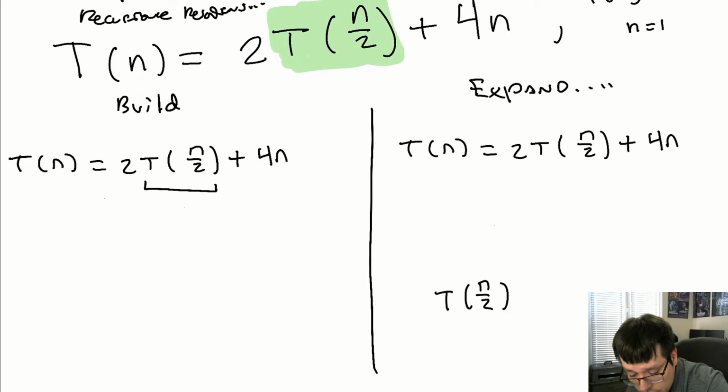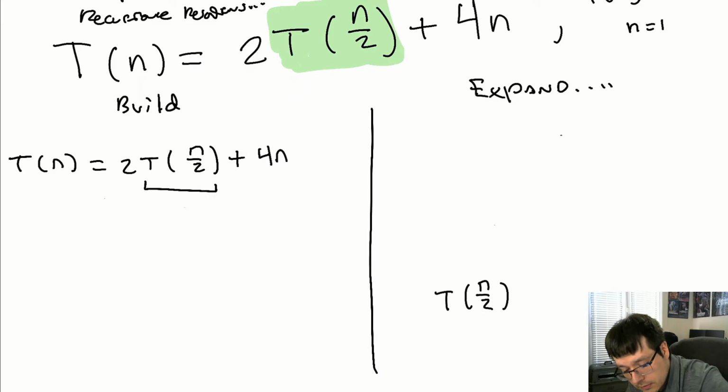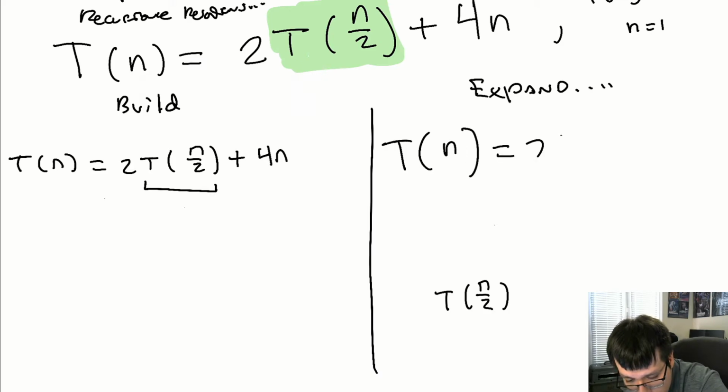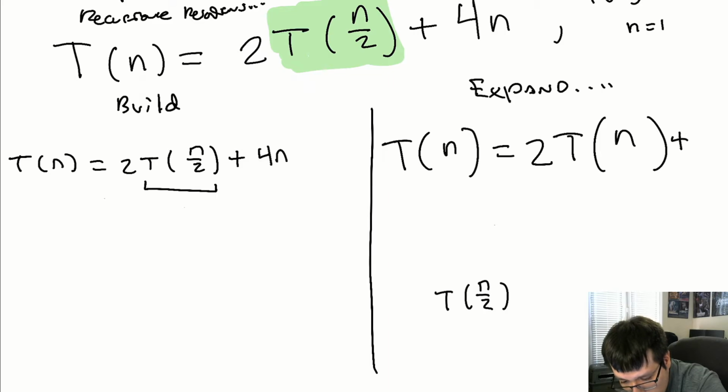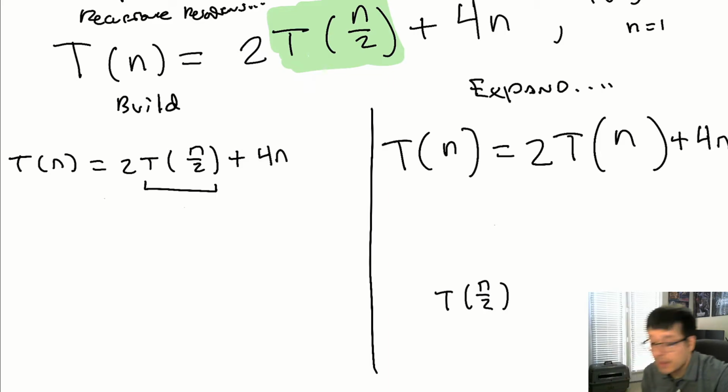And I'm going to rewrite it because I want to make it a little bit bigger. T of n is equal to 2T of n divided by 2 plus 4n. Okay, that's better. All right. So I know this is valid because that's what I was given at the start.